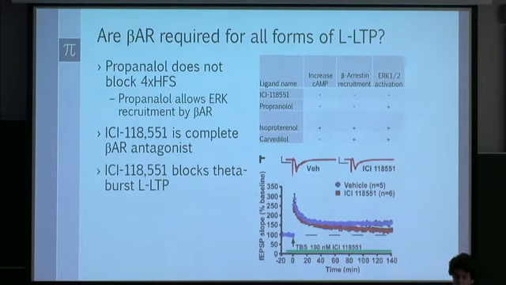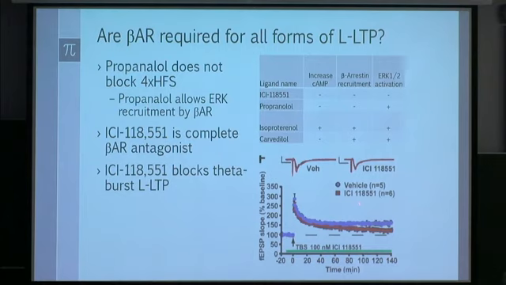However, there is other research by Kasai and others, which shows that when you add propranolol, it blocks the cyclic AMP, but it does not block the ERK activation. Here's this other drug, ICI 118551, which actually is a complete antagonist.